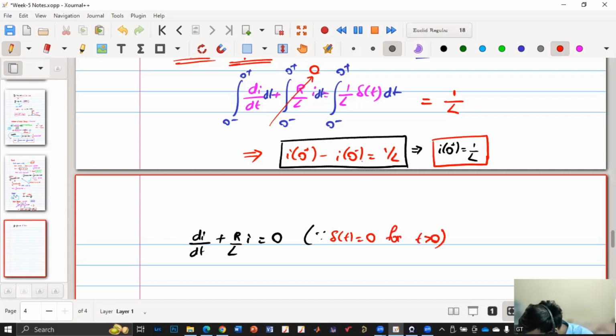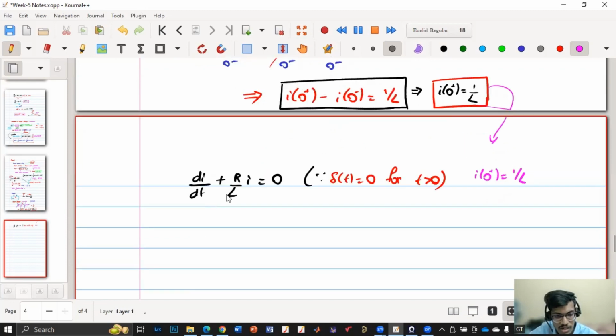And now my boundary condition is this, I of 0 plus is equal to 1 by L. Now it is like a differential equation with no input.